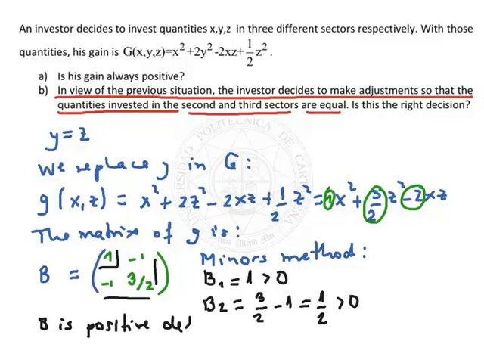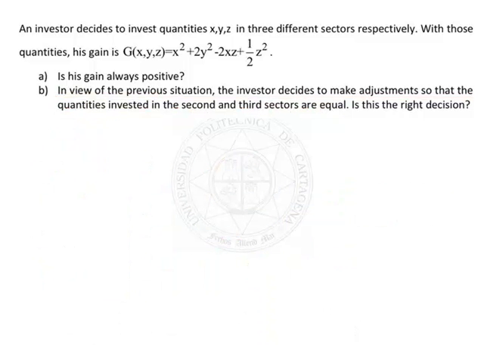With this minors method, we can see that B is definite, is positive definite.